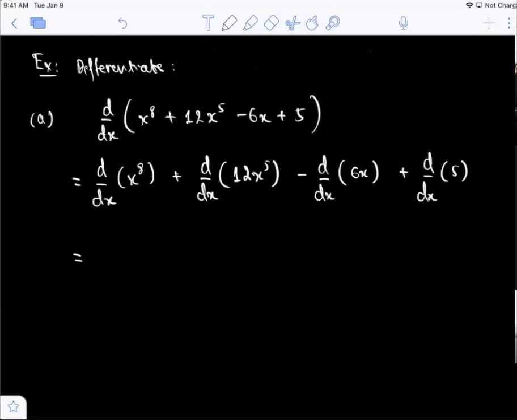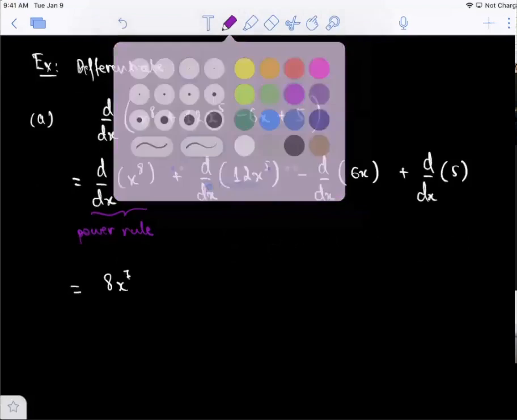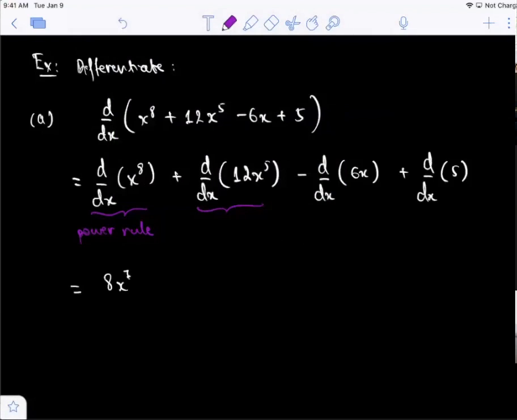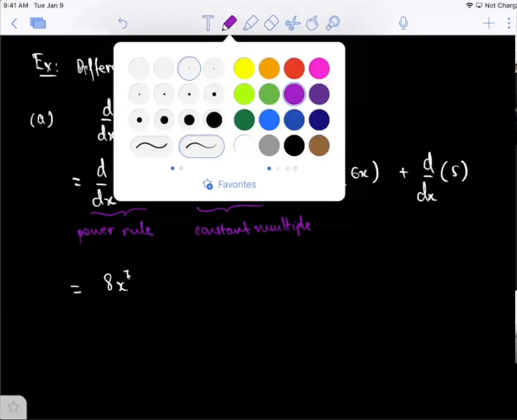All right. So for d dx of x to the power 8, I'm going to use the power rule right here, and I obtain 8 times x to the 7. So 8 times x to the power 8 minus 1, to get 7. For the next one, I use the constant multiple rule.